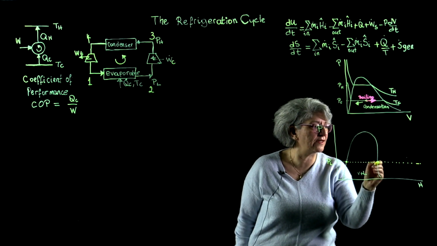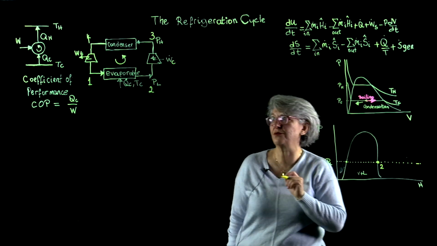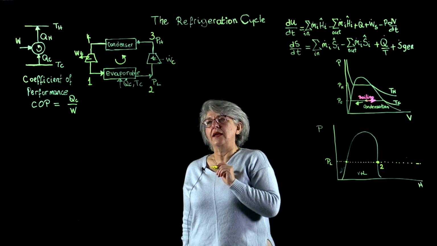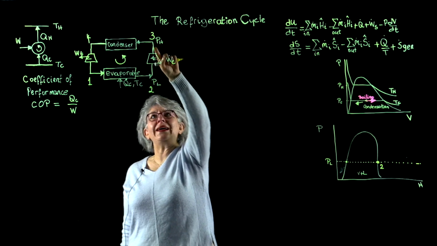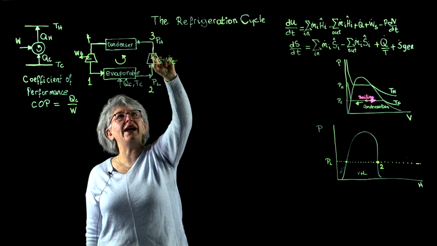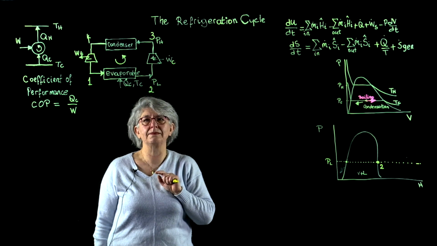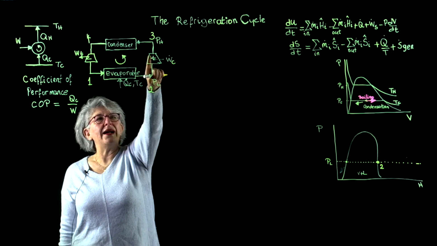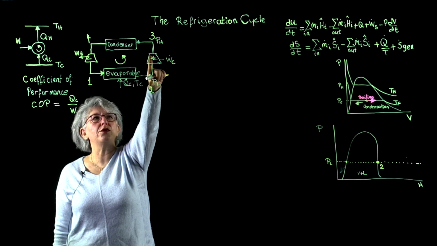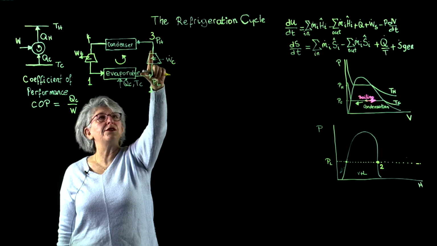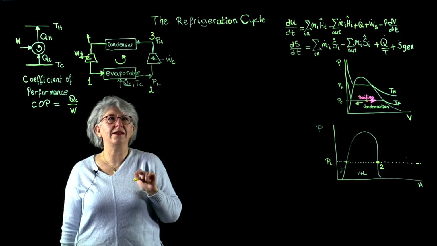That is the saturated vapor point. That's my point 2. Now, between point 2 and 3, I'm going to have an ideal compressor. My ideal compressor is going to operate reversibly and adiabatically.